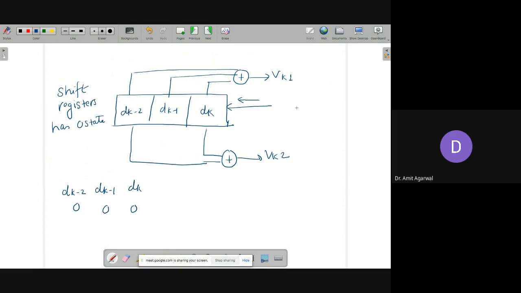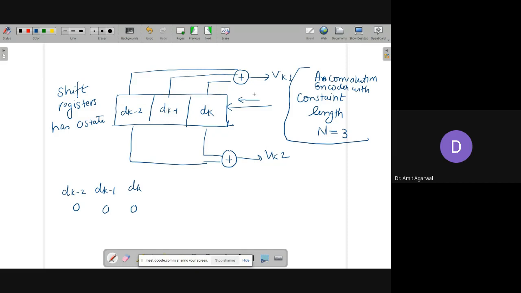One point to also note down: a convolutional code with constraint length n. This is a word you should remember. A convolutional encoder with constraint length n means there are n stages of shift register. So in this example, n is equal to 3, so the constraint length of this convolutional encoder is 3.